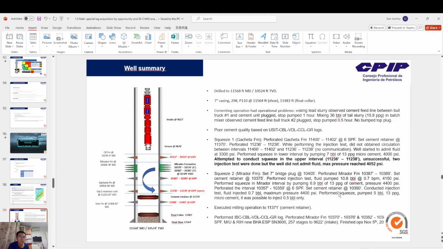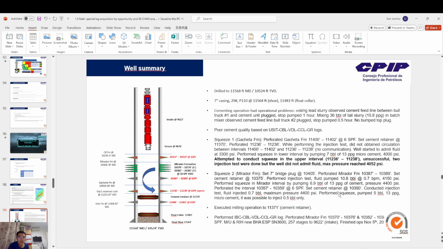Fluid pumped 10.8 bbl at 0.7 bpm at 4,150 psi. Performed squeeze in Mirador interval by pumping 6.9 barrels of 13 ppg cement. Pressure at 4,400 psi.